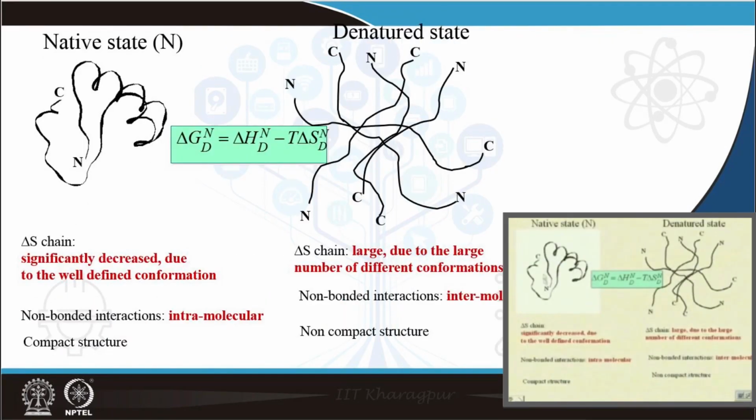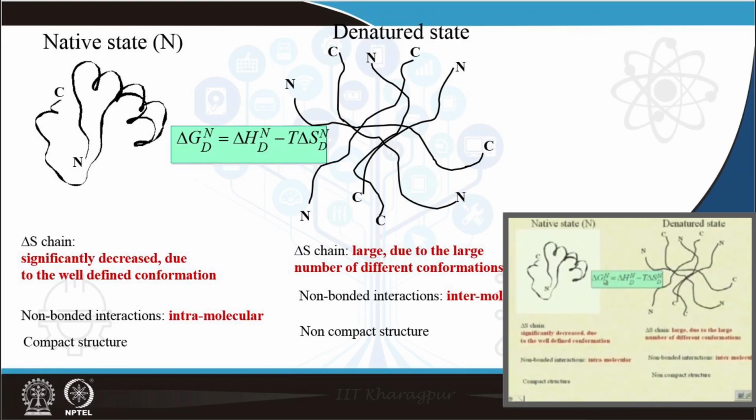So what do we have in the native state? We have a compact structure, intramolecular non-bonded interactions, and the entropy significantly decreased because of the well-ordered conformation. For the denatured state, what are the features that we have? We have a non-compact structure. We have intermolecular non-bonded interactions. We have a large delta S due to the large number of different conformations.